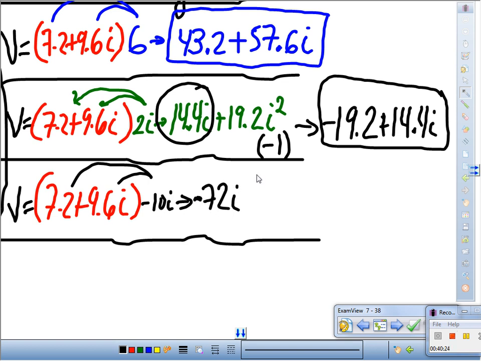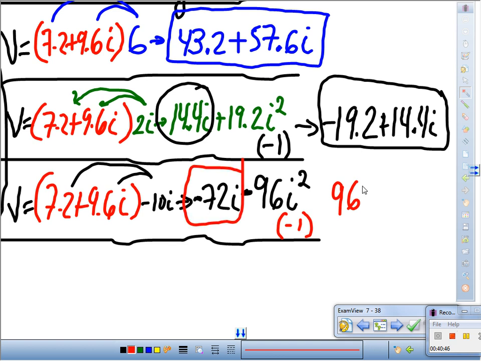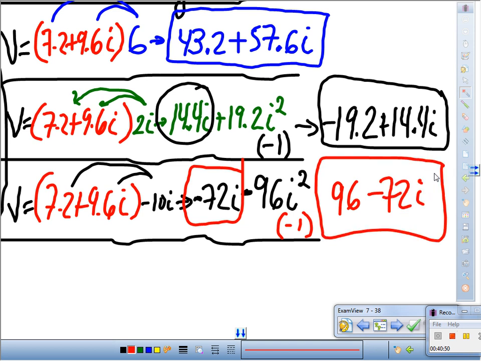Negative 10I times 9.6, that's negative 96I squared. And what do we know about I squared? Negative 1. So we start with this. This becomes what? Positive 96. Negative 1 times negative 96. And we're left with minus 72I, and that goes at the end. That's the voltage for the capacitor.